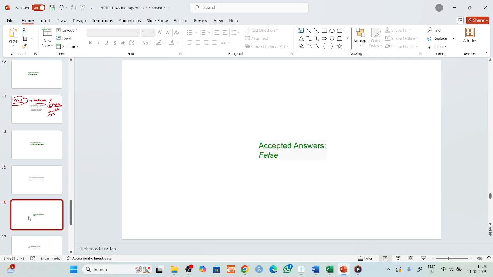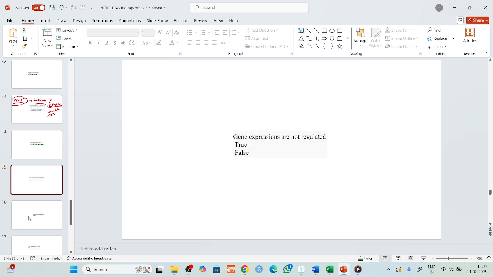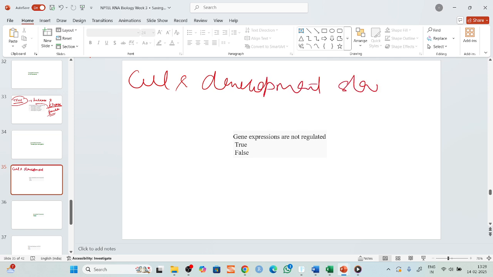Okay, so the correct answer is false. The question says whether gene expression is regulated or not. We know that expression of genes is regulated. How? Because the expression of a gene happens in a cell and developmental stage specific manner.